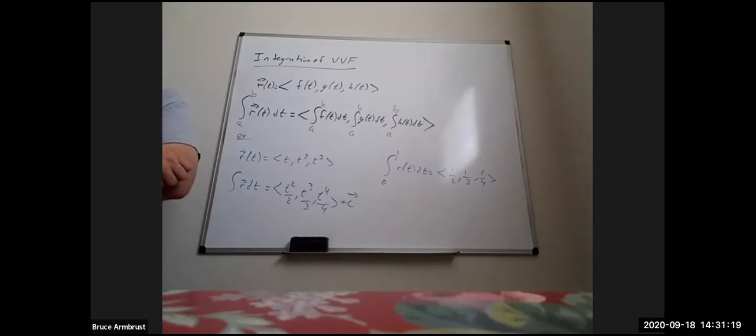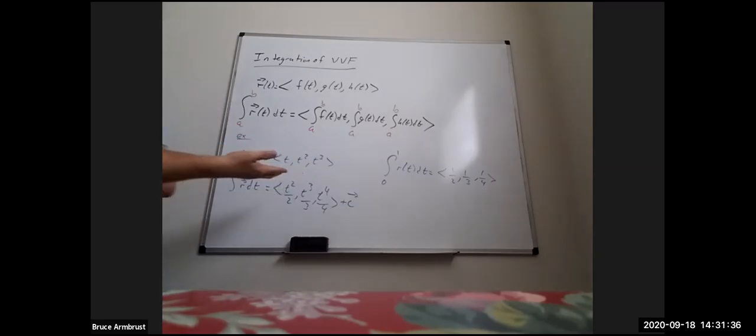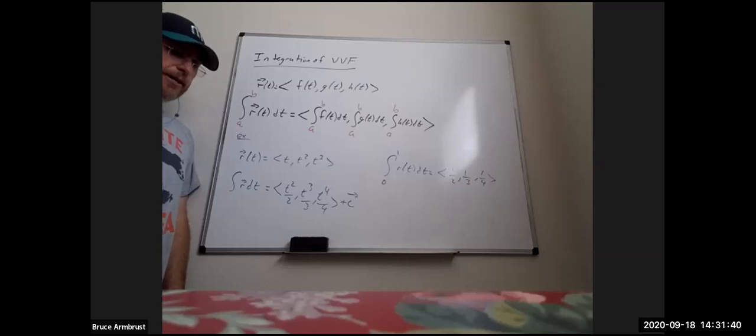All right, so the process is easy enough. Maybe too simple. I mean, what's going to be hard? Honestly, what's going to make this integration hard is just the function, if the individual vector functions are difficult to integrate. I give you things like t sine t, and then you go, well, crap, I've got integration by parts.